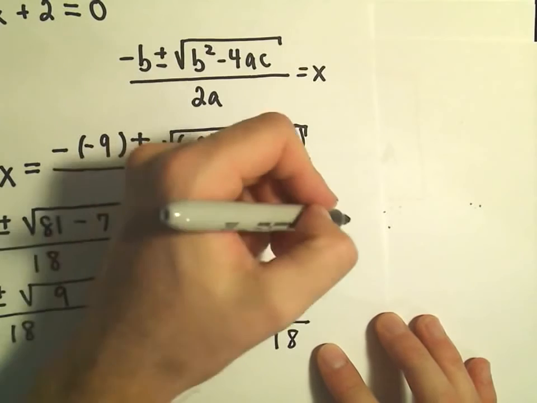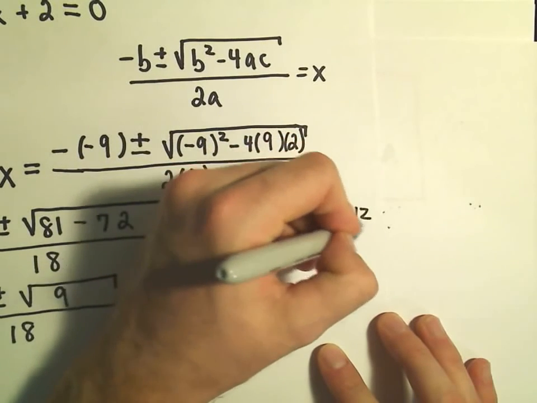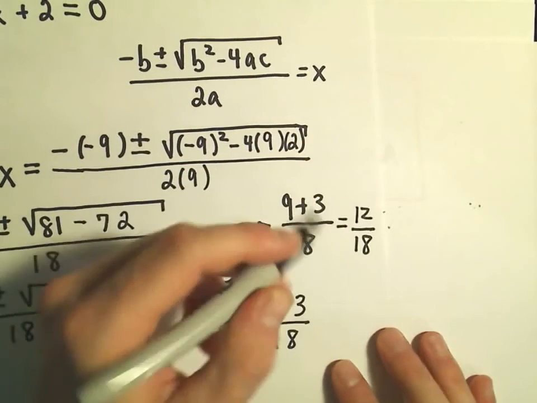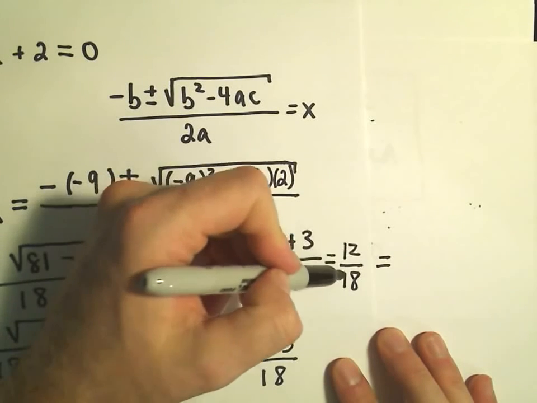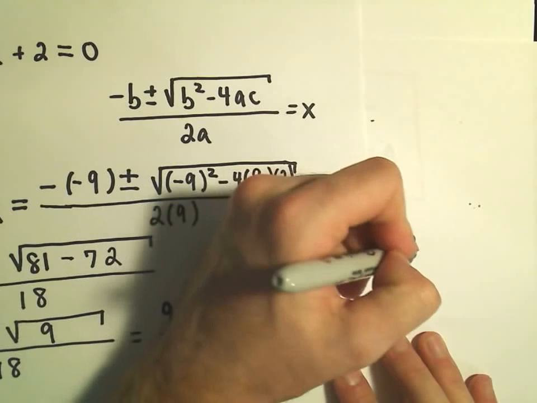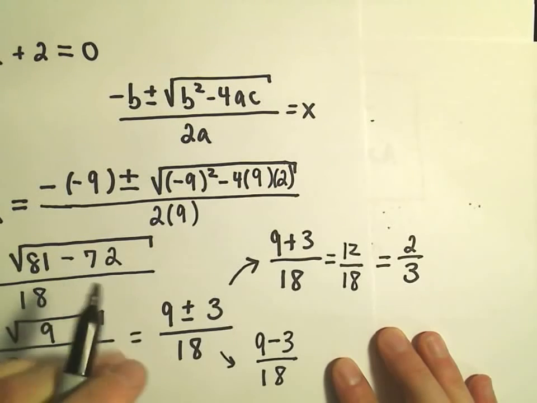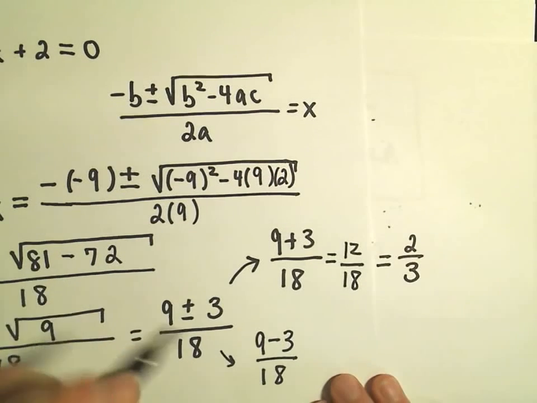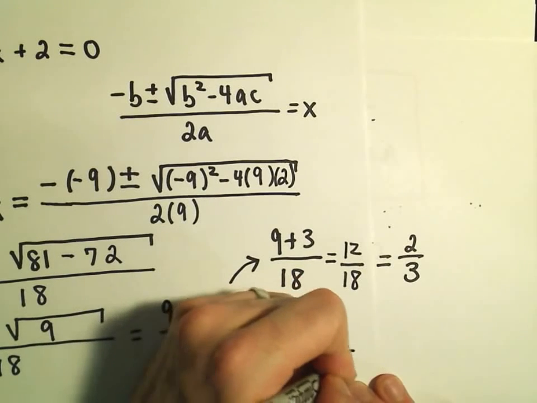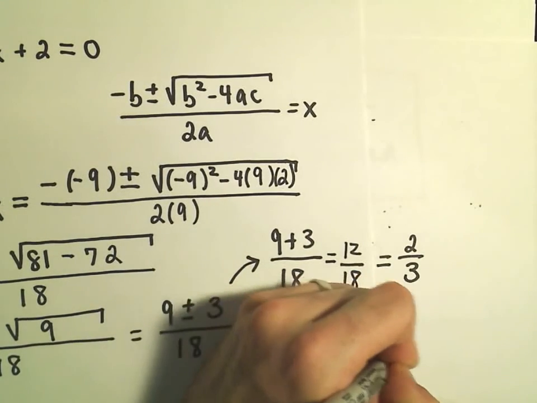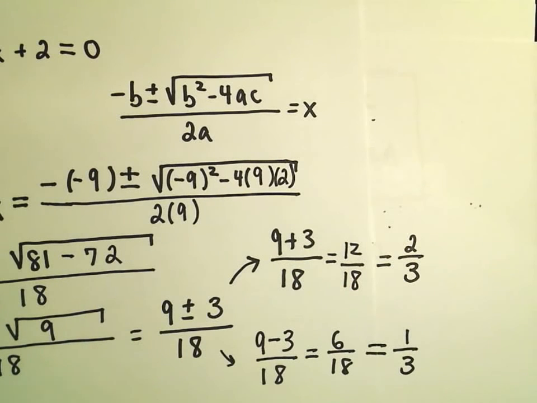Well, 9 plus 3 is 12 over 18. And we can actually reduce 12 over 18, so 6 will divide into both of those. So we can reduce 12 over 18 to positive 2/3. And likewise, 9 minus 3 is going to give us 6 over 18. And that's simply going to reduce to positive 1/3.